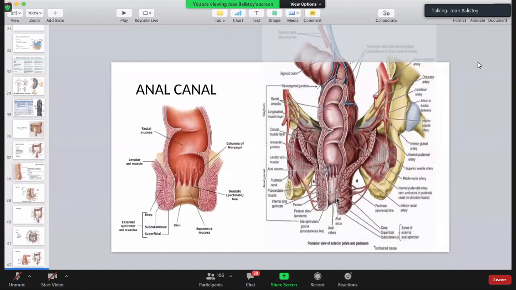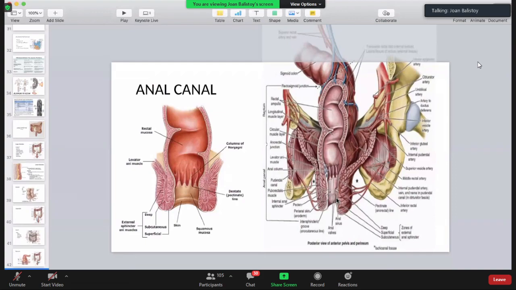So what is important to know about this anal canal? You have an external anal sphincter and an internal anal sphincter. The internal anal sphincter is an involuntary sphincter, while the external anal sphincter is the one that you control.